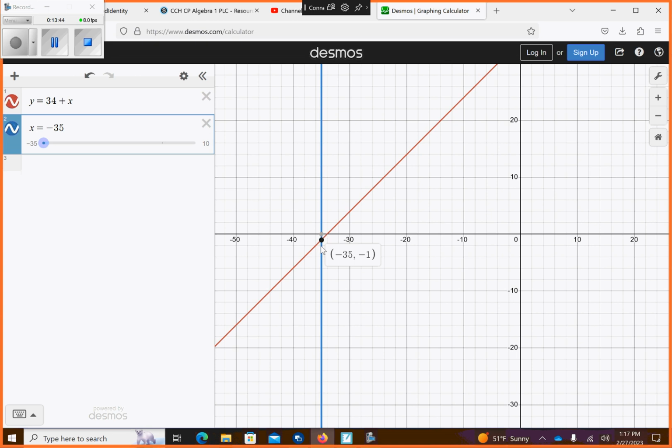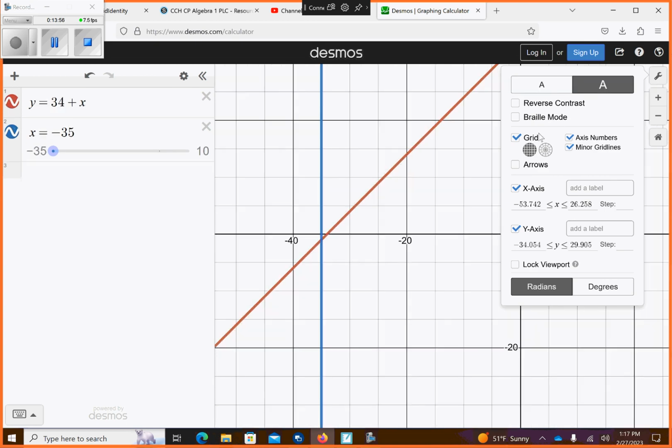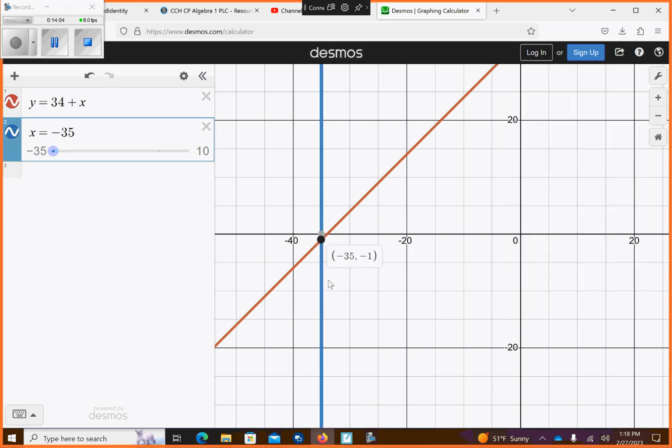So we want the limit as x approaches -35. I'm coming on the red line. Are my fingers getting to the same point if I came from the left and the right?